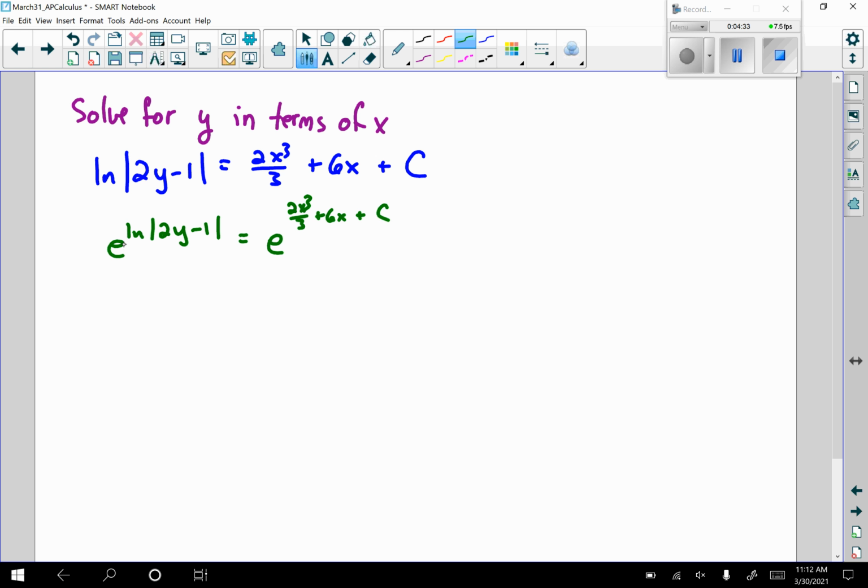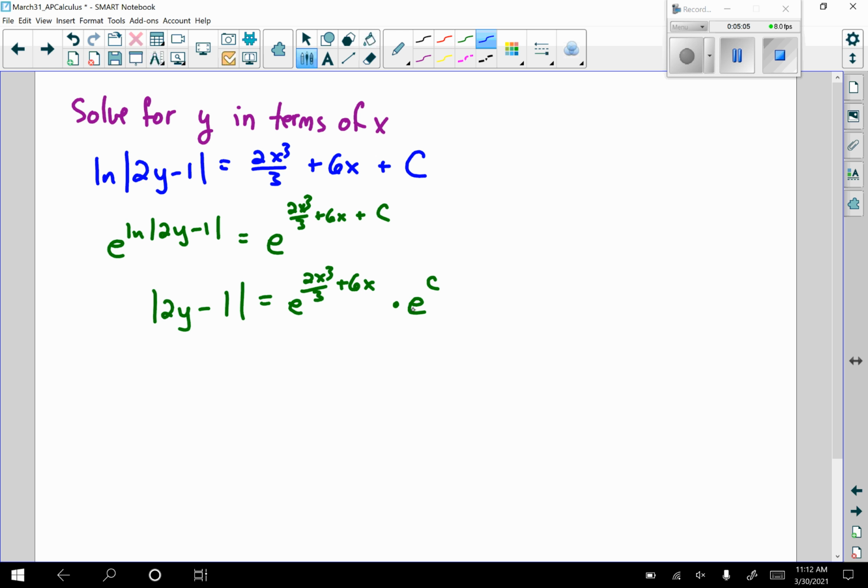So what's going to happen over here is e to the natural log of this quantity is just going to leave us with the quantity, the absolute value of 2y minus 1, is going to equal e to the 2x cubed over 3 plus 6x plus c. Now what I'm going to do with this is going to be helpful for our next step. I'm actually going to factor it using a law of exponents. So I could say it's e to this quantity times e to the c, because we would add our exponents if we wanted to go backwards here.